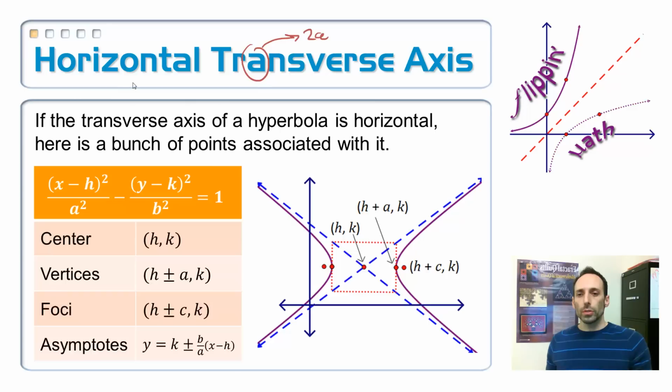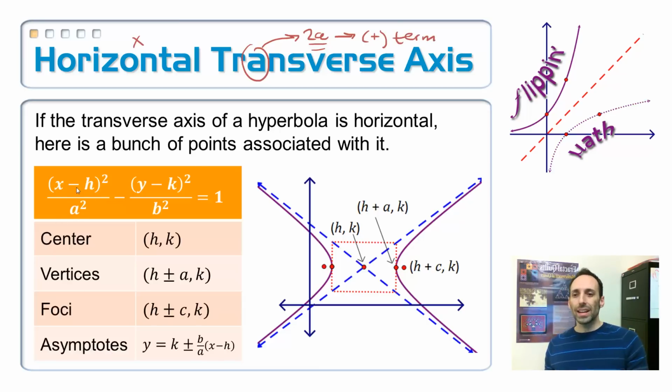Now if it's horizontal, that's the x coordinates. That's where the a is going to go. And it's always going to be the positive term. The transverse axis always gets the positive term, like the x squared or the y squared.